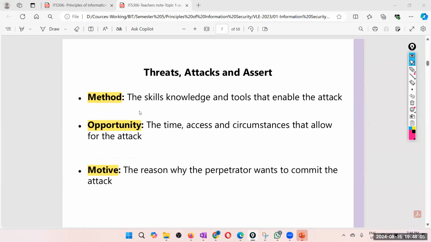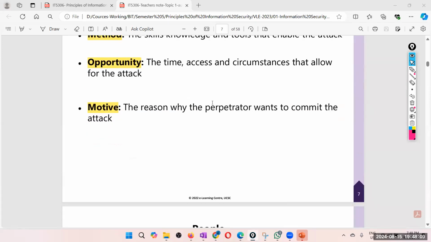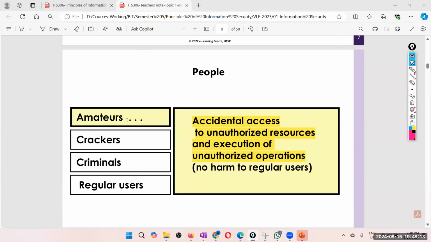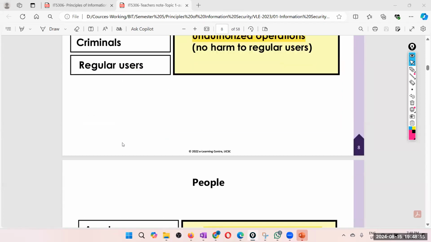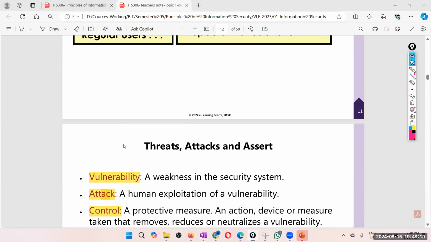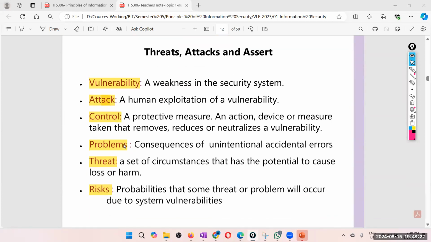Then what is a threat? What is an attack? What is an asset? What is a motive? What is an opportunity? Okay. So the different types of users like amateur, cracker, criminal, regular user. Right. What is a vulnerability? What is an attack? What is a threat? What is a risk? What is a control?